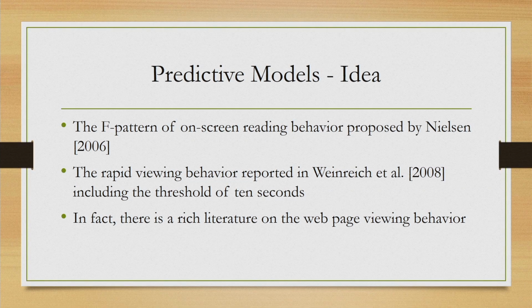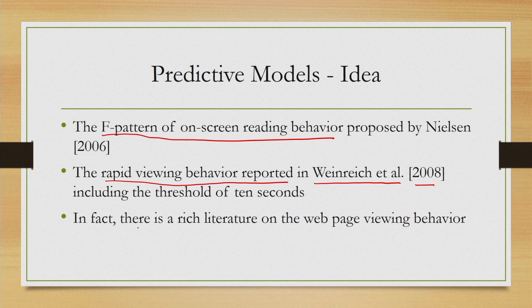The statements that are part of this model have come from various sources, including the work by Nielsen, which found that the F pattern trajectory is followed in on-screen reading behavior. The rapid viewing behavior, that is the behavior which states that the user spend very less time while viewing an on-screen document, was reported by Weinreich et al. in 2008.